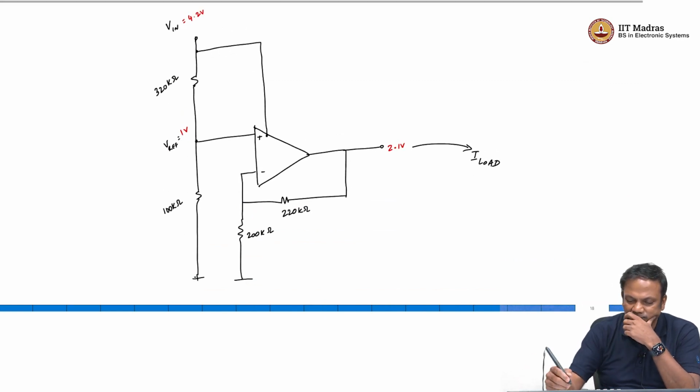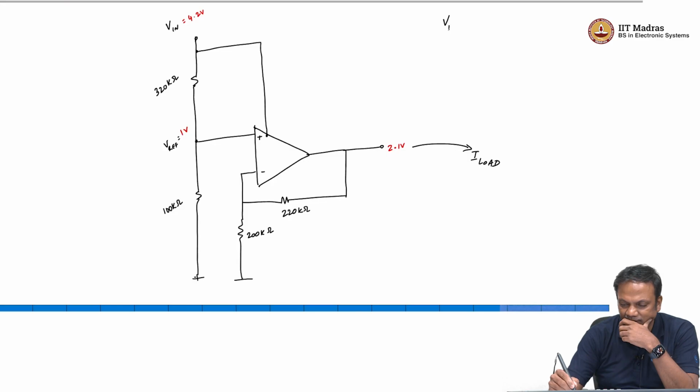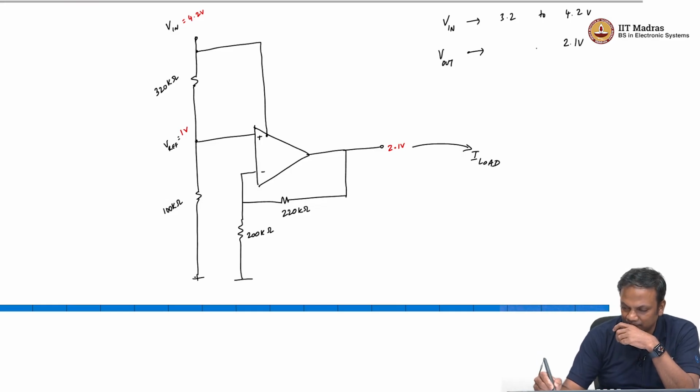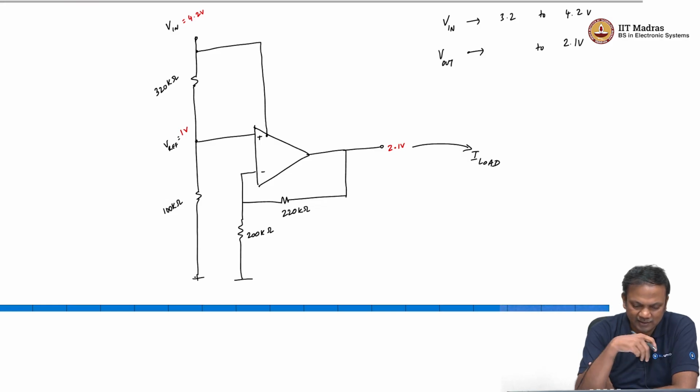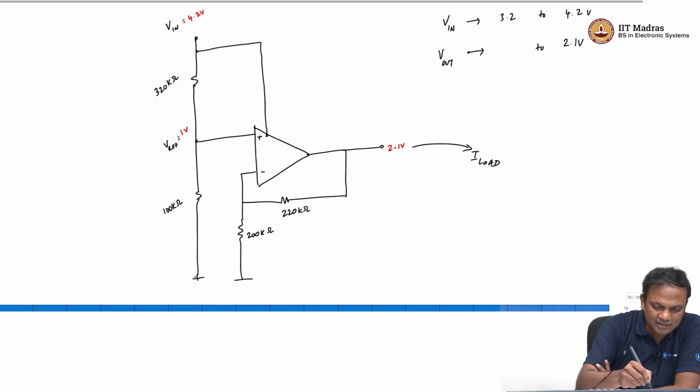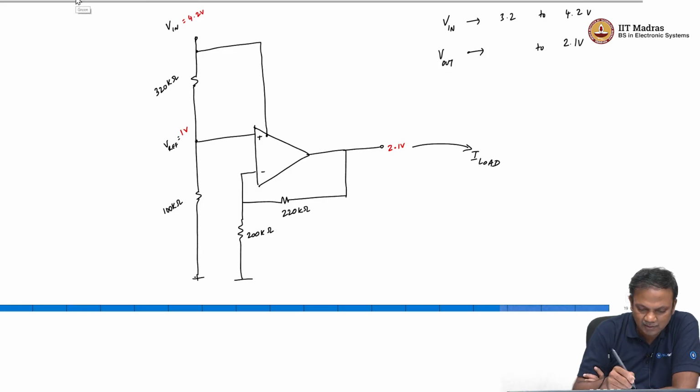So, let us say now V in went from 3.2 to 4.2. What will happen to V out? So, when V in is 4.2, we already calculated, it will go to 2.1 volt. What happens when V in is 3.2, right? So, this node, let us take some colors, let us go back to this color.